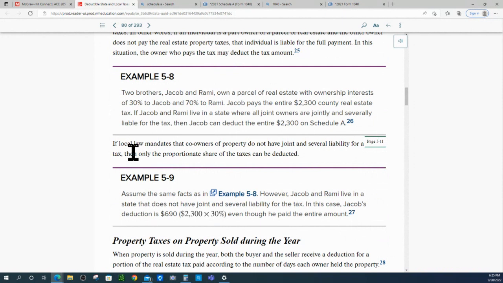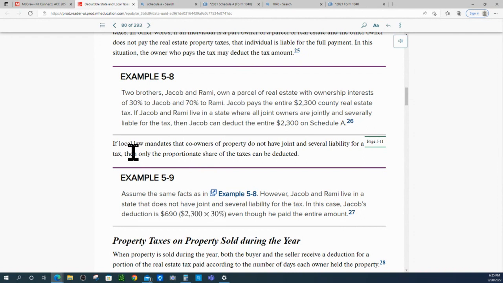If they live in a state where all owners are jointly and severally liable, then Jacob would be able to deduct the entire $2,300. So if you've got joint and several liability, you get to deduct everything that you paid. If there isn't joint and several liability, you can only deduct the amount you're actually responsible for.